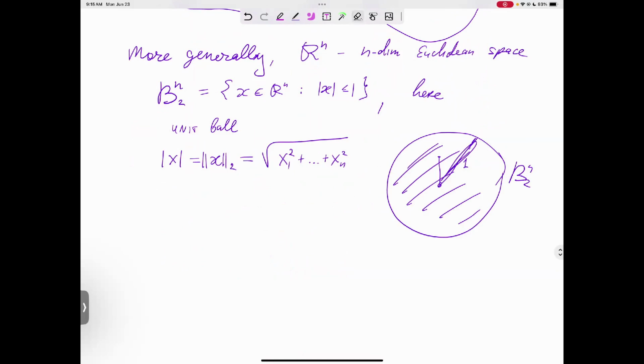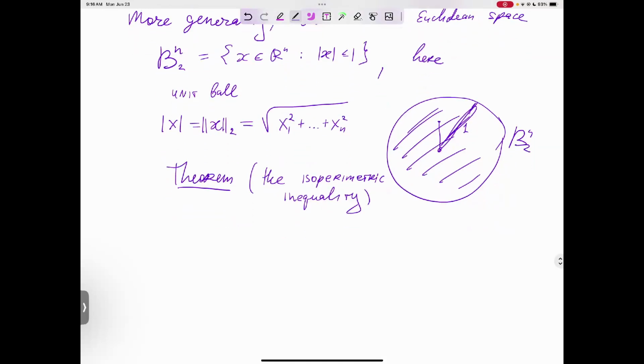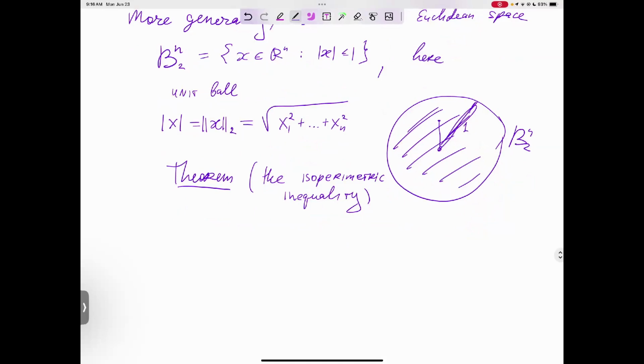And the isoperimetric inequality says, theorem, the isoperimetric inequality says that, again a little bit informally, suppose K in R^n is a measurable set.